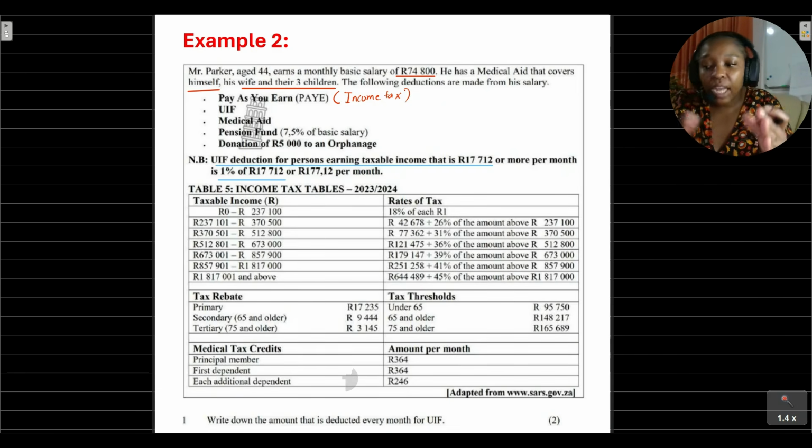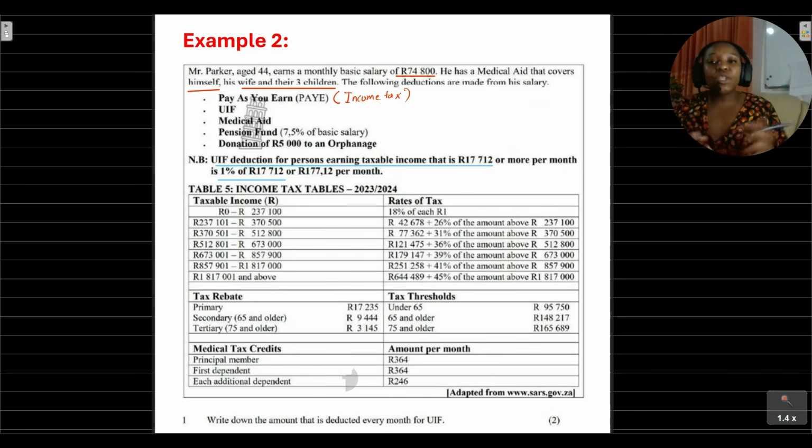So in this case, when we have to determine how much Mr. Parker contributes towards UIF, we are just going to use this condition that's given to us. It's just 1% of 17,712 because Mr. Parker earns a taxable income that is more than 17,712. So please take note of that.